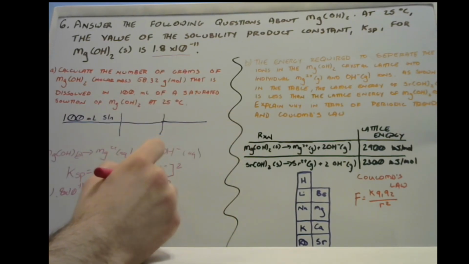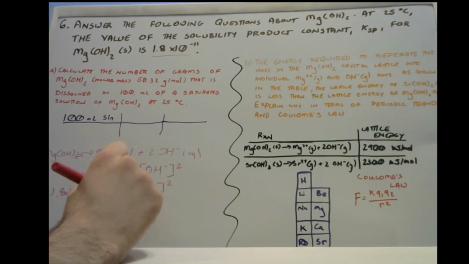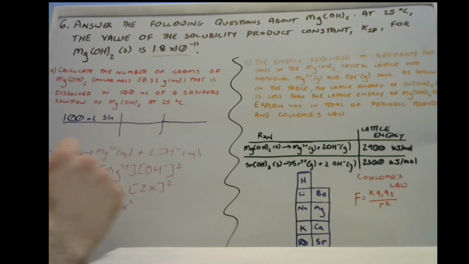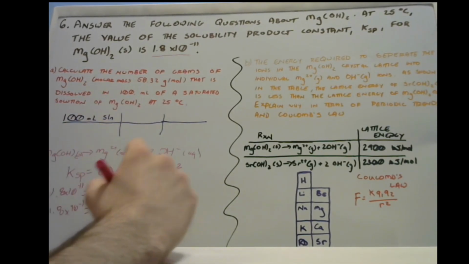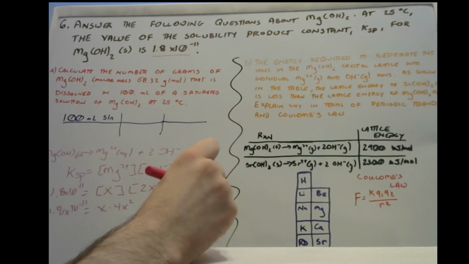Follow your order of operations, square this, and then multiply by x. You'll get 4x cubed equals 1.8 times 10 to the negative 11th.